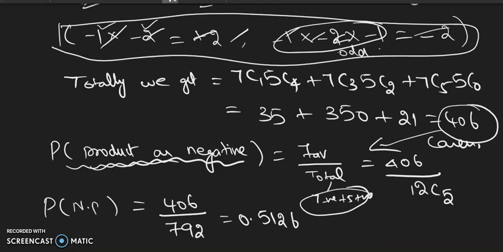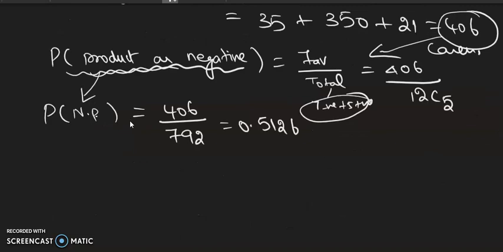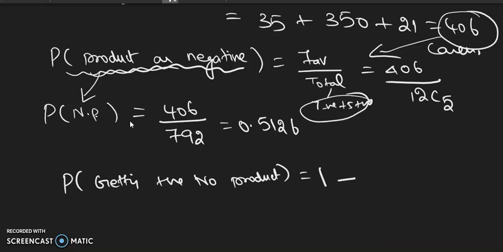Okay, negative product, whatever you have to write, you should write the same wording, and this is the corresponding probability. And the next question is, what is the probability of a positive number in the product? So the probability of getting a positive number in the product. From the total probability, which is always 1, if I subtract the probability of the product being negative, the rest of the values will be positive.